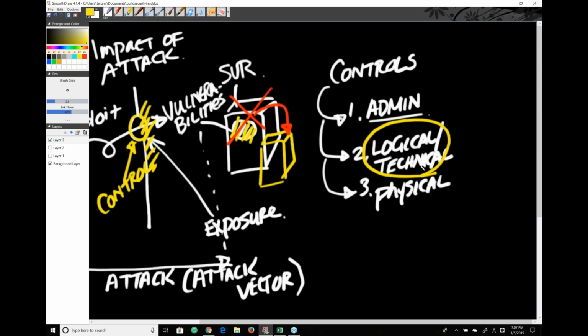Now let's move on to the logical technical control. If you really want people to have very strong passwords, then you can embed the control into your solution, either in a software solution or a hardware solution. For passwords, one example would be Active Directory. In Active Directory, there's such a thing as a security policy that's downloaded every time a person logs in and enforces that policy on their terminal.